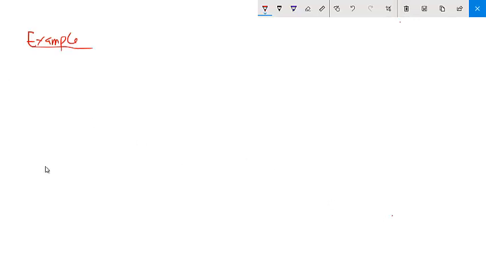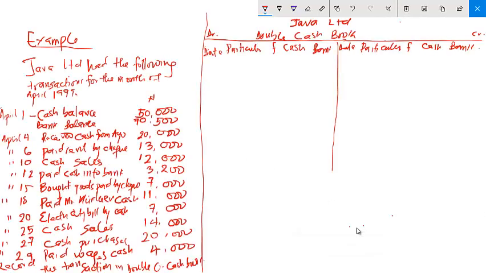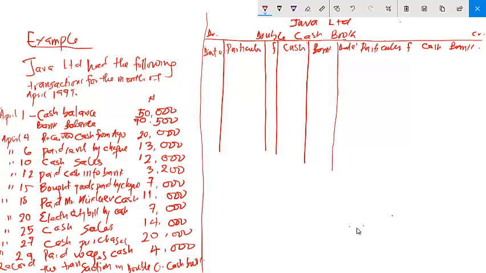Okay, let's quickly look at this analytical example for us to understand how to post these transactions in what is referred to as a double column cash book. Just like I told you before, it's a kind of subsidiary book where transactions that involve immediate payment are recorded.